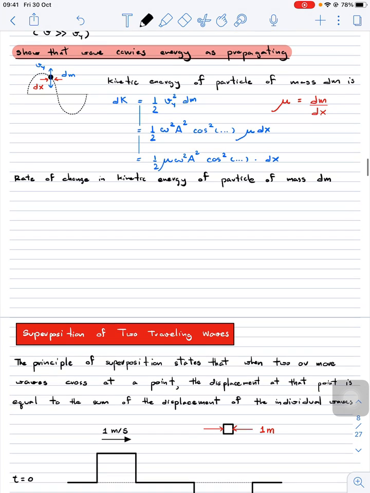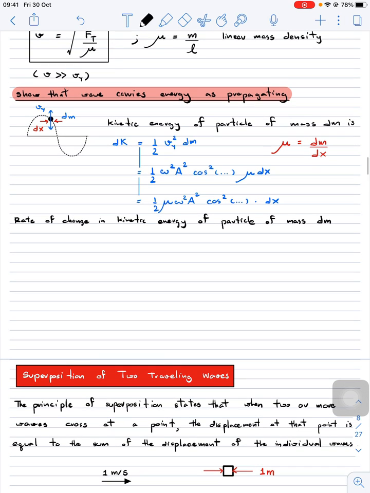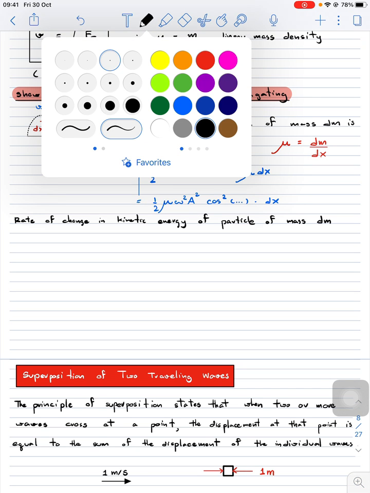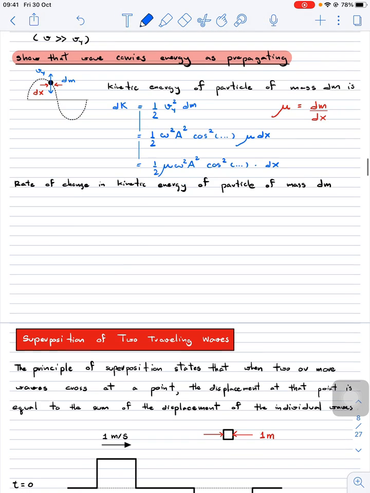Okay, so if we just want to find the average, but let me just write down first. So we say that the rate of the change in the kinetic energy of the particle, right?